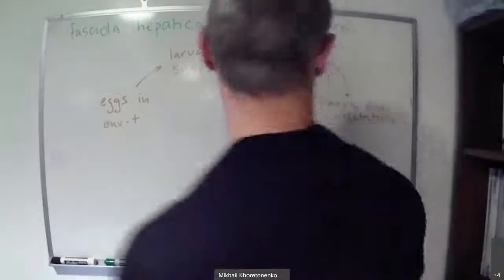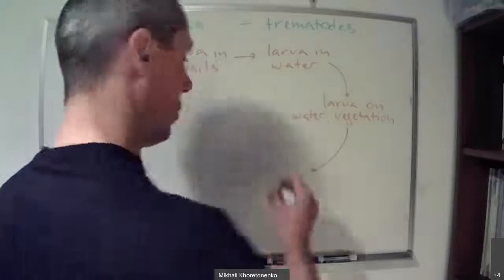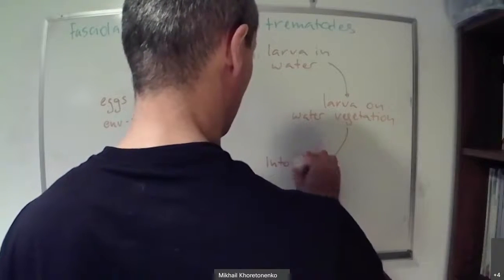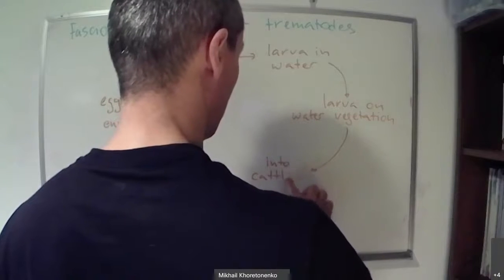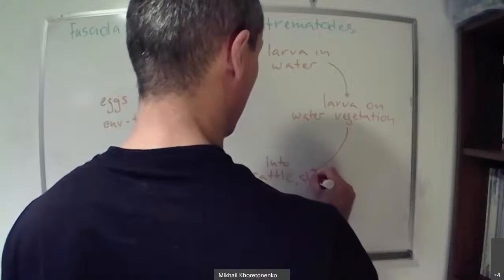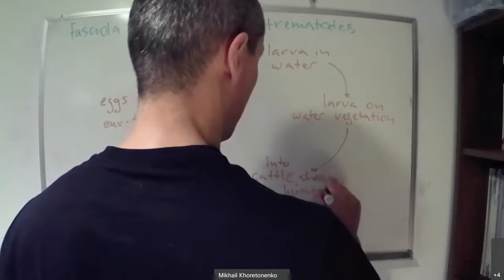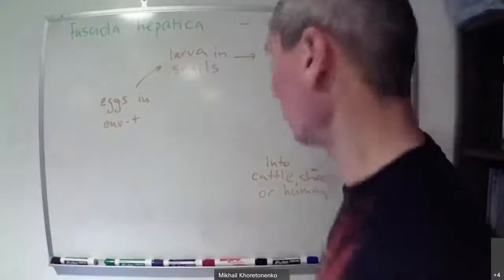And then from the water vegetation, it can be consumed by cattle, sheep, or humans. Okay, and that's where the adult worm develops.